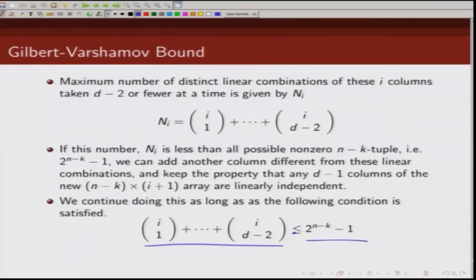We just want these linear combinations to be less than 2 raised to power n minus k. Then only do we still have an n minus k tuple which we can add as an additional column of this H matrix.